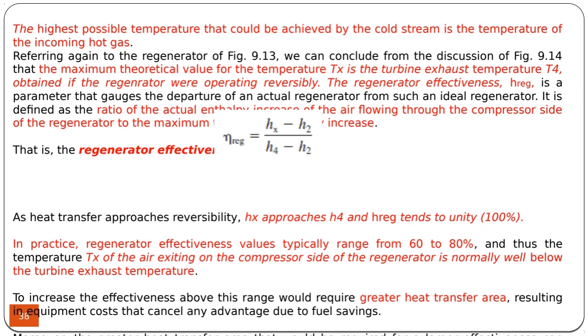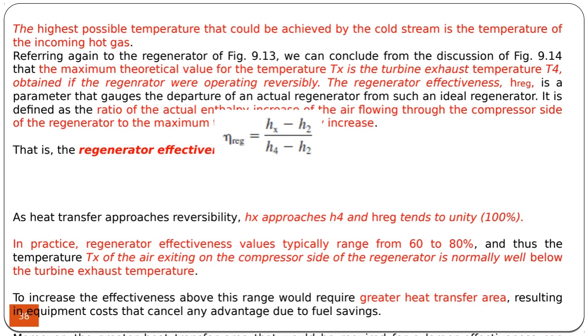On the other hand, if Hx and H2 are equal, it means that the regenerator has 0% effectiveness, or there is no regenerator. So when there is no regenerator, H2 and Hx are basically the same states, meaning that the effectiveness of the regenerator is 0.